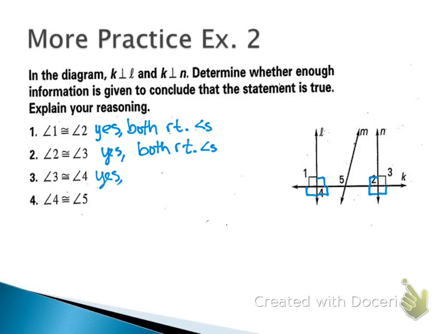If they're right angles, this makes it really easy. And finally, we've got angles 4 and 5. No, or at least not enough information. We were not told anything about line M, so we cannot assume anything about it.